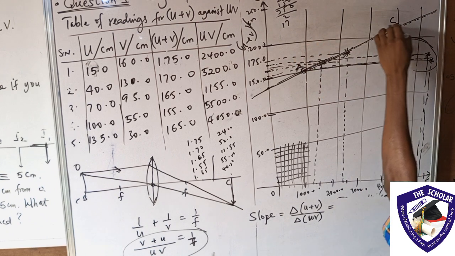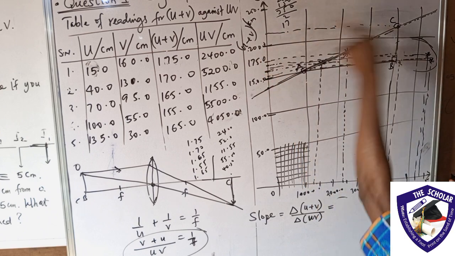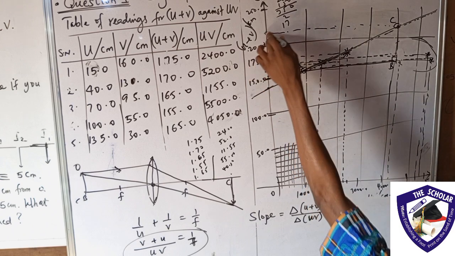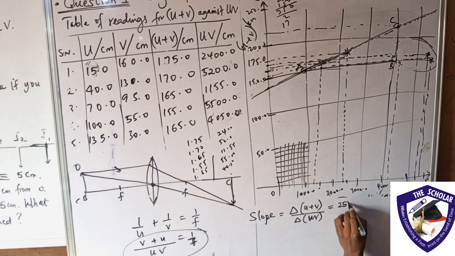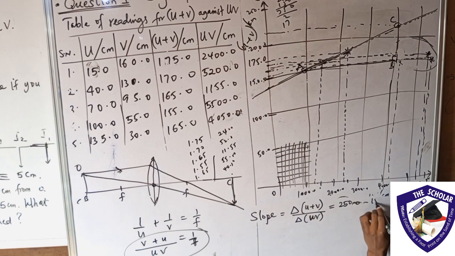You look at C here, trace it to the y-axis. That's the upper value, then the lower value is the one down here. Let's assume that this is 250.0 minus the lower value here, 150.0, divided by our uv.